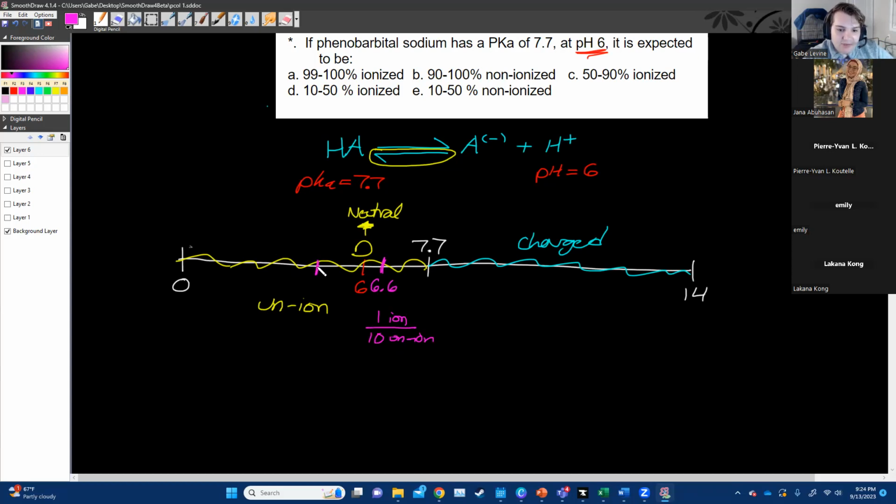And at a pH of 5.6, we would expect 1 ion for every 100 unionized molecules.